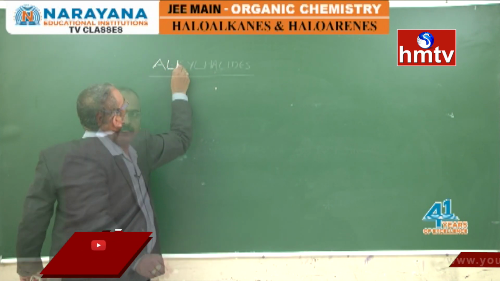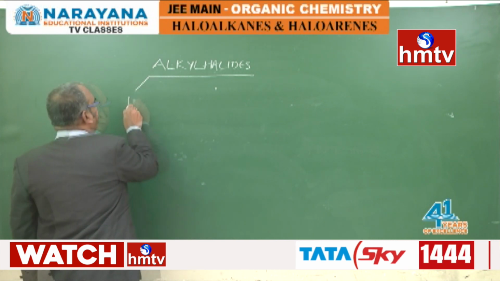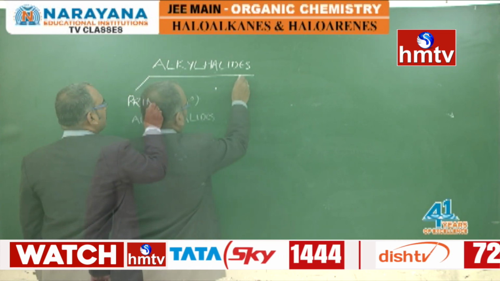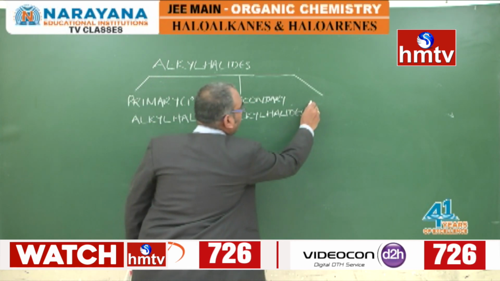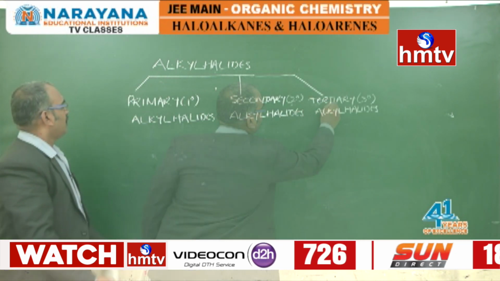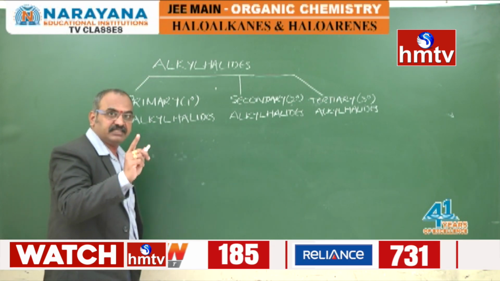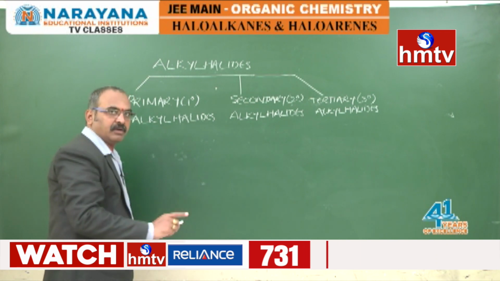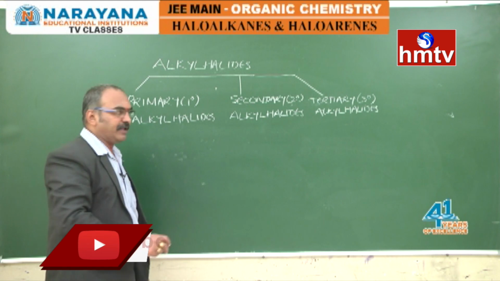Alkyl halides are again of three types: primary, secondary and tertiary alkyl halides. In primary alkyl halides, the halogen atom is attached to a primary carbon. What is a primary carbon? A carbon attached to one carbon is called a primary carbon.